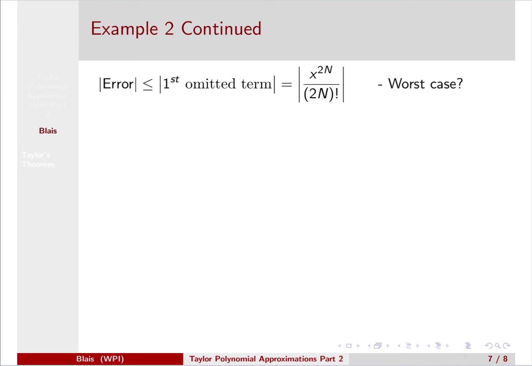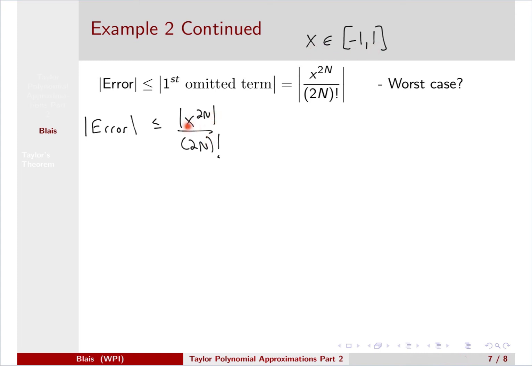We know we're working on the interval -1 to 1. So any x that we choose will be from that interval. And so we have this error being less than or equal to the absolute value of x to the 2n over 2n factorial. What's the worst case for this, given that x is in -1, 1?